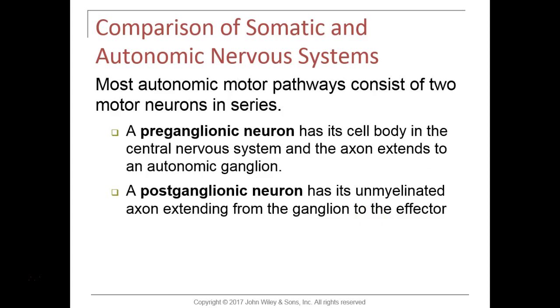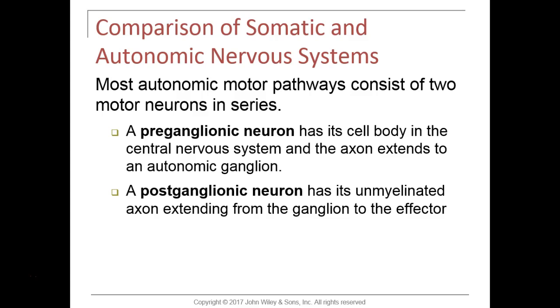The autonomic nervous system is different structurally. The motor output from the autonomic nervous system involves two neurons that occur in series. They communicate with each other before the effector receives the signal.